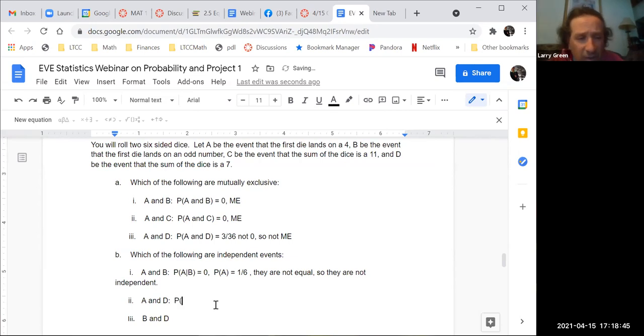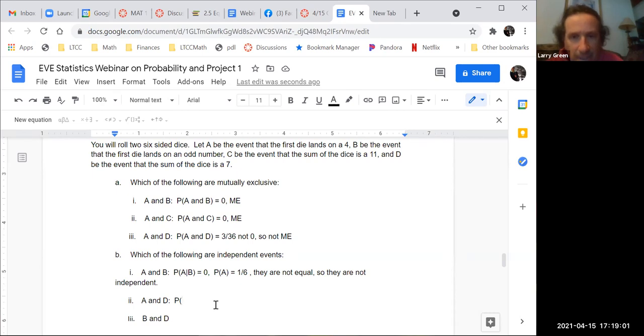It turns out that D given A is easier than A given D. It's a lot easier to say, what is the probability you get a 7 knowing the first was a 4, than to say, if the sum is a 7, what's the probability that the first was a 4?